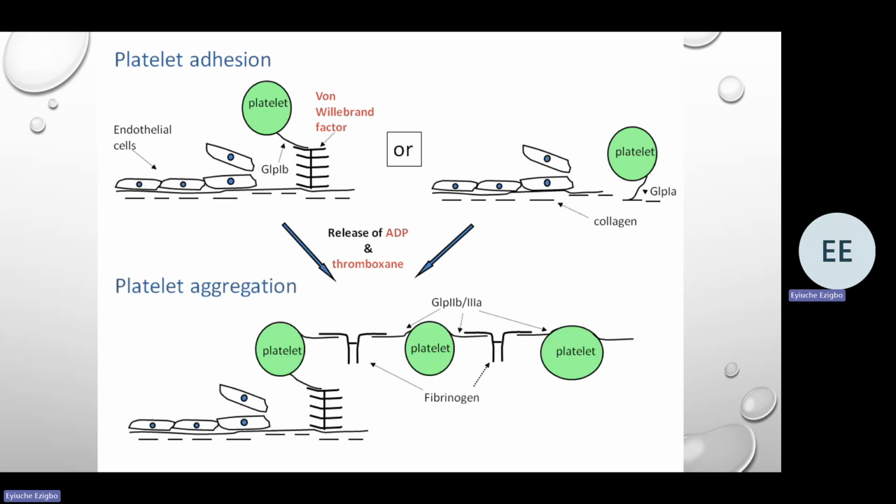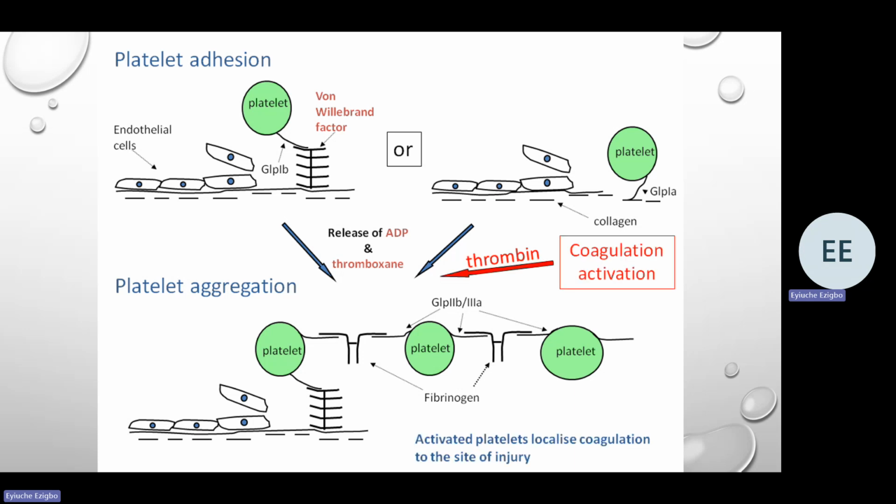So platelet aggregation takes place, you can see it: platelets and platelets combining together, aggregating using the glycoprotein 2B3A complex, using fibrinogen, which is already in the blood, as a linking molecule. So that is what we can see in primary hemostasis.